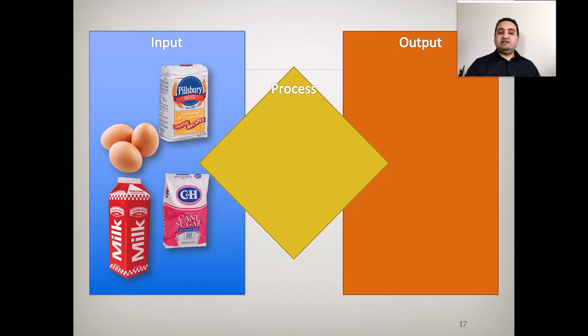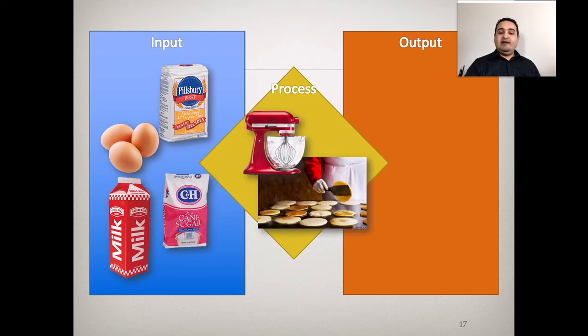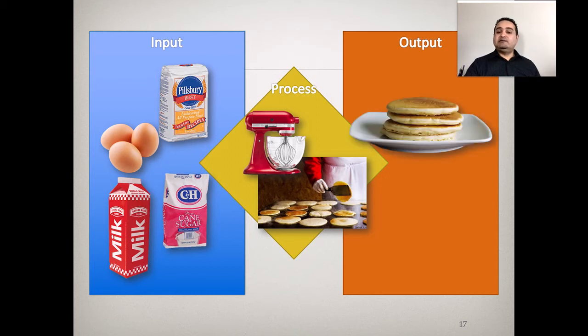The process for making a pancake is to mix all of those ingredients with the food mixer and then cook them. The output will be ready-to-eat pancakes. Very simple to understand: input, process, output.